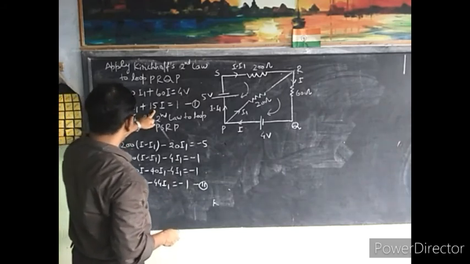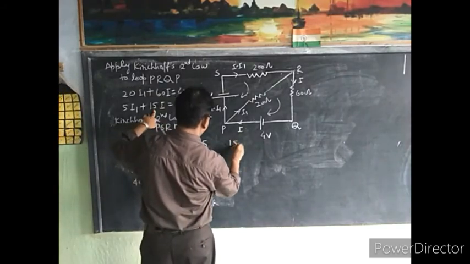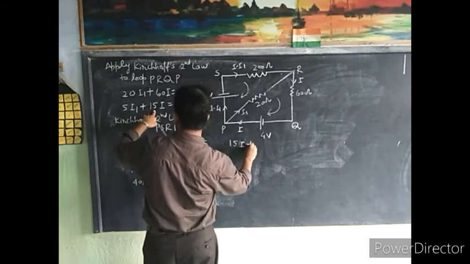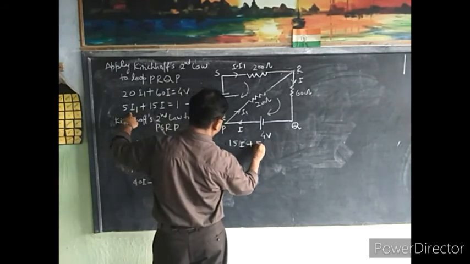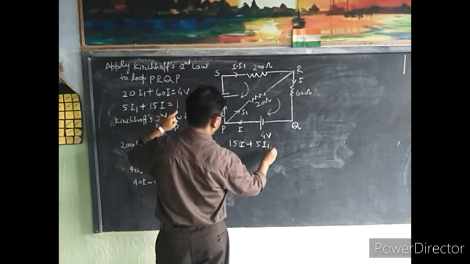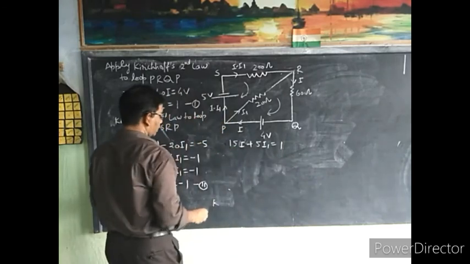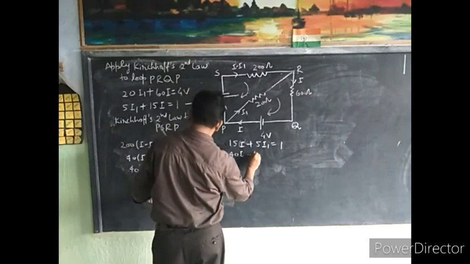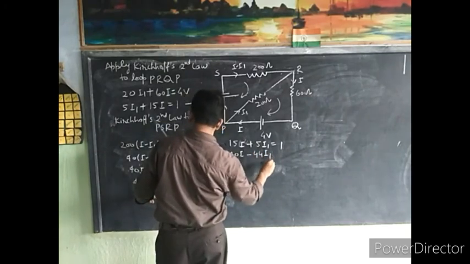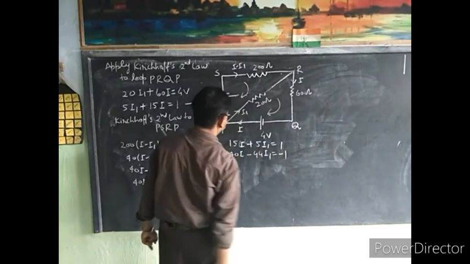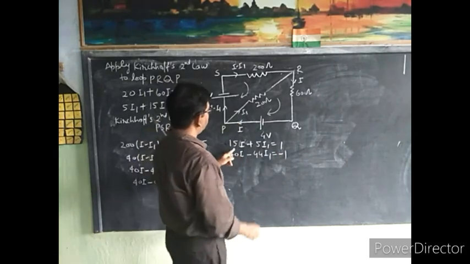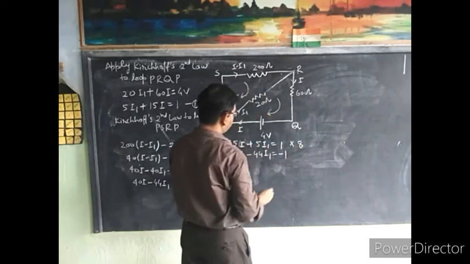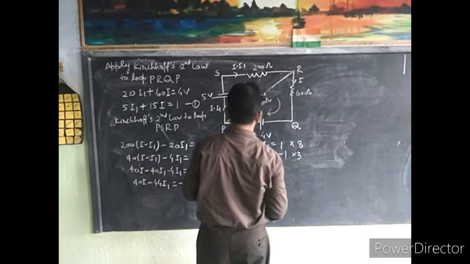We can write 15 I plus 5 I1 is equal to 1, and 40 I minus 44 I1 is equal to minus 1. To eliminate I, multiply the first equation by 8 and the second equation by 3.